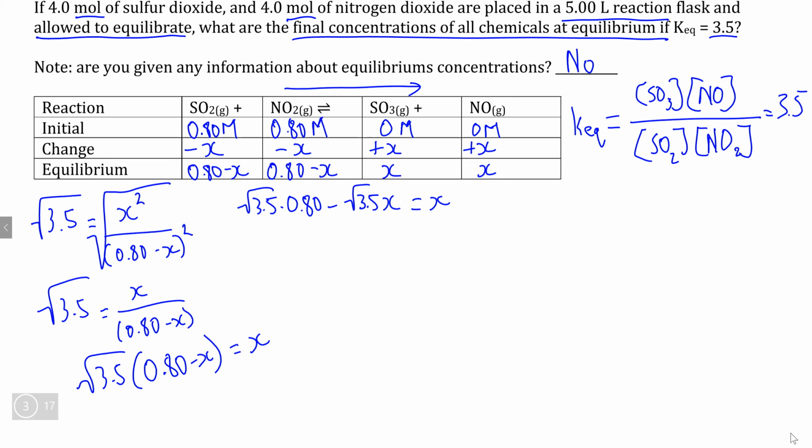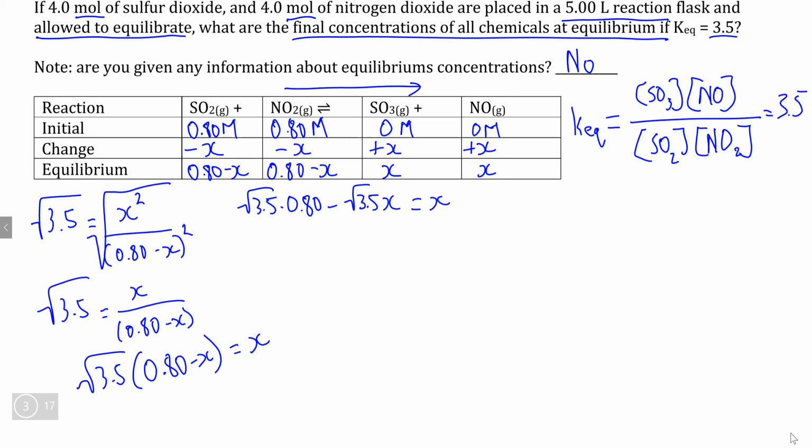Next, I'm going to spare you the details of the algebra, but we're going to move the minus root of 3.5x over to the right side so that all of our x terms are on the same side, and then divide both sides by the coefficient in order to isolate x.